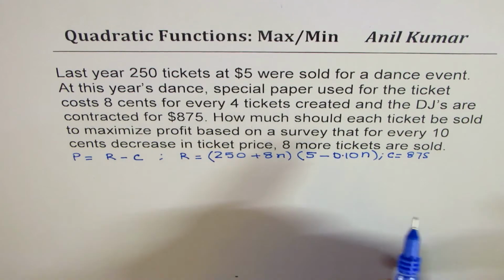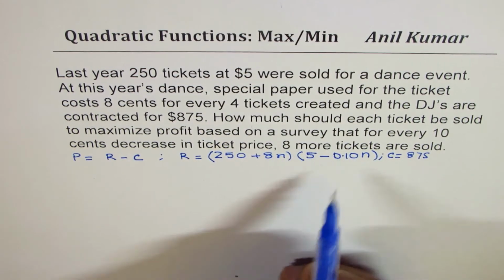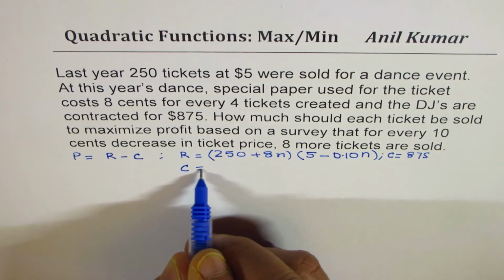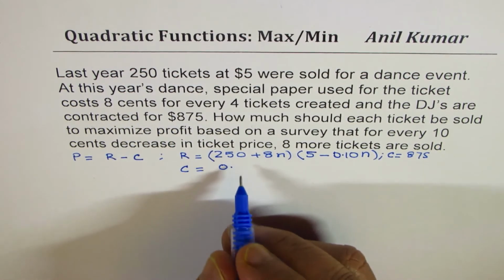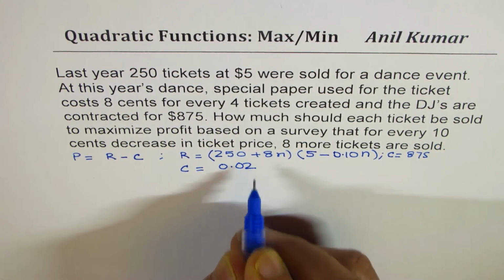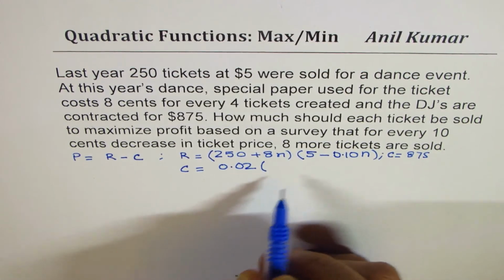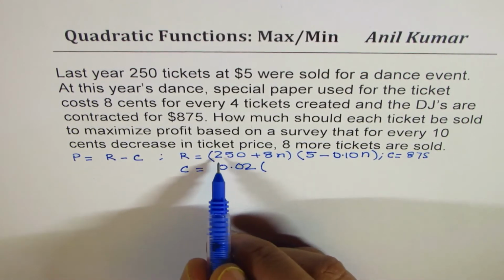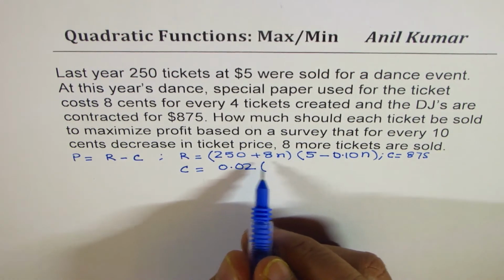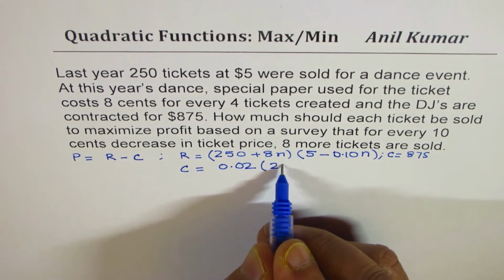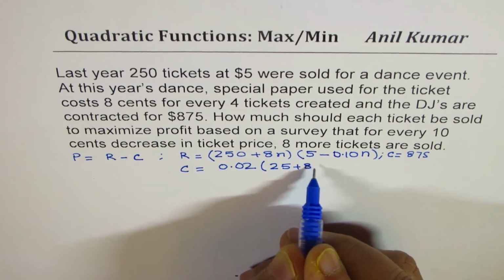So let me write cost here. Cost is 0.02, 2 cents for every ticket. Number of tickets will be 250 plus 8n, right? So that becomes the number of tickets, 250 plus 8n.